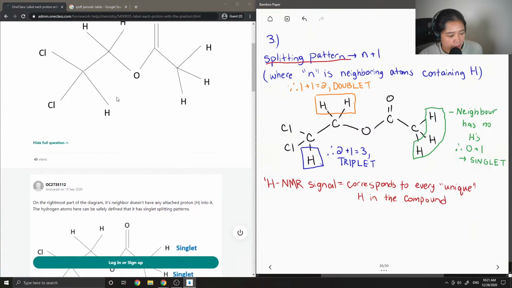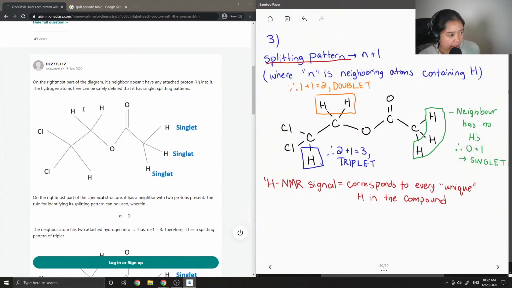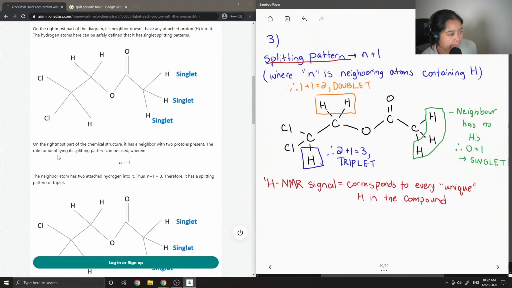Let's see what the junior tutor said. On the rightmost part of the diagram, its neighbor doesn't have any attached protons on it, so the hydrogen atoms here can be safely defined as having a singlet splitting pattern. On the rightmost part of the chemical structure, it has a neighbor. I think they mean the left part.